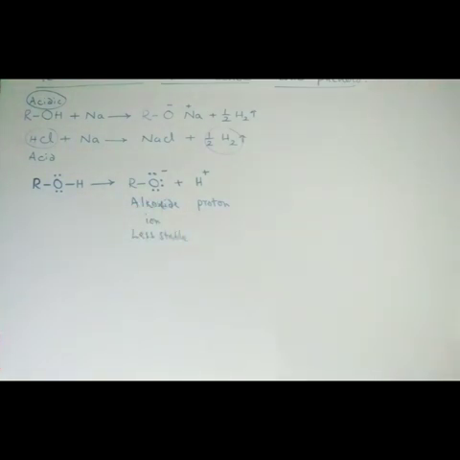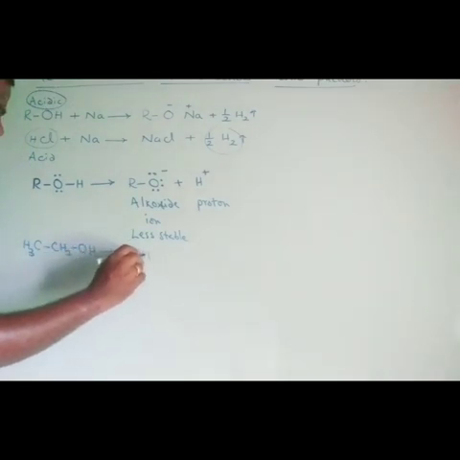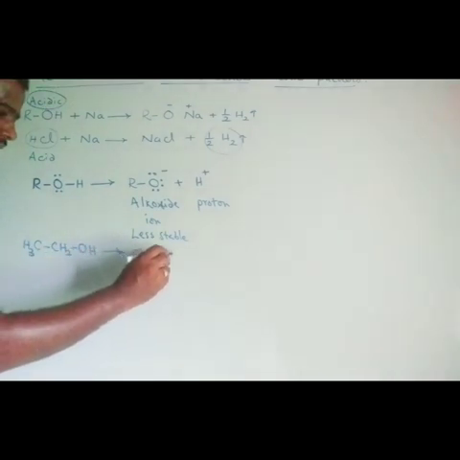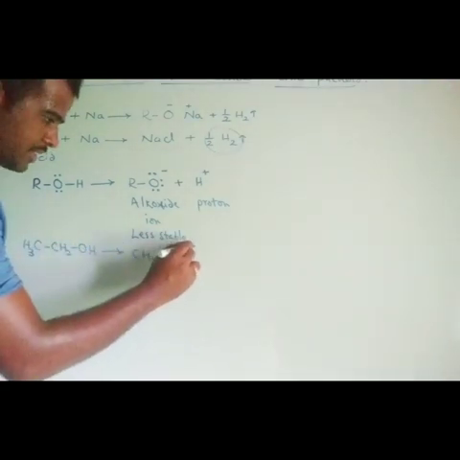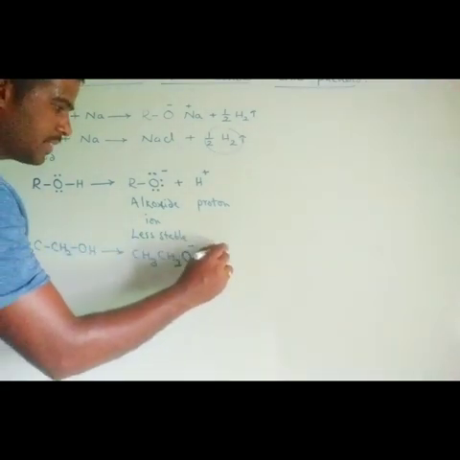See, let us go to the acidic nature of primary, secondary and tertiary alcohols. I am taking ethanol, CH3CH2OH. If this is ionized, it will give us ethoxide ion, CH3CH2O minus, and H plus.